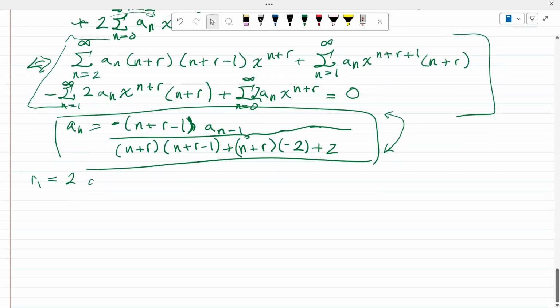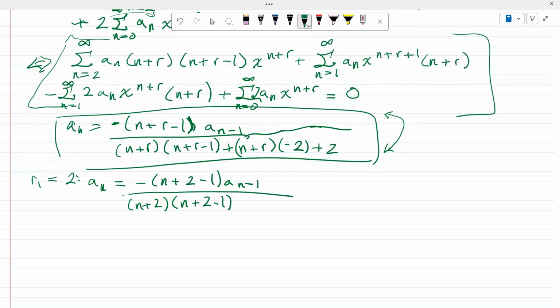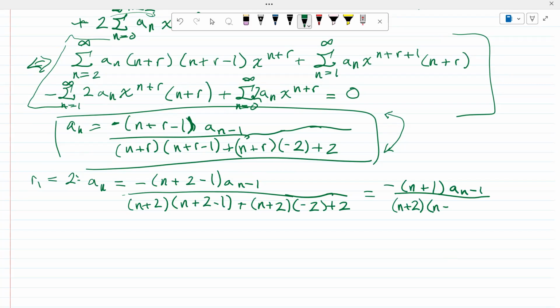So we have an is equal to negative n plus 2 minus 1, an minus 1 divided by n plus 2 times n plus 2 minus 1 plus n plus 2 times negative 2 plus 2. Now this simplifies to negative n plus 1 an minus 1 divided by n plus 2 times n minus 1 plus 2.